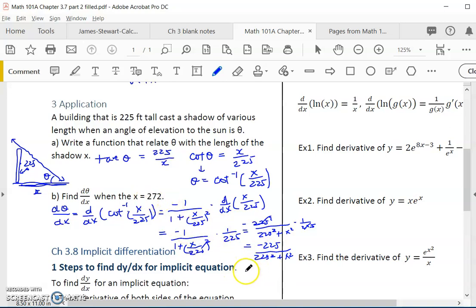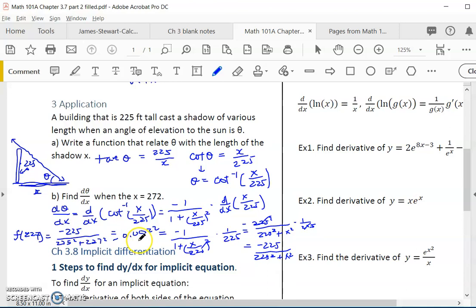At x equal to 272, you plug in. So f prime of 272 is negative 225 over 225 squared plus 272 squared. Put it in the calculator: negative 225 divided by 225 squared plus 272 squared, which equals negative 0.0022.